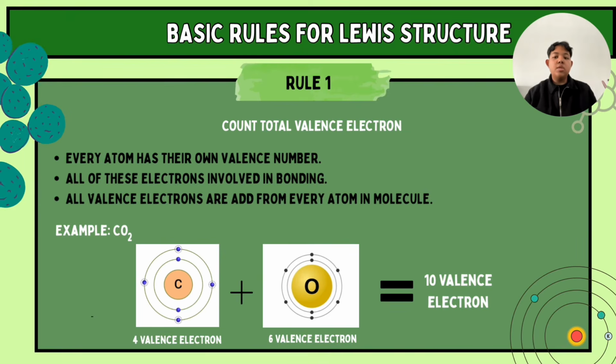As an example, to find the total valence electrons in a molecule, we add the valence electrons from each atom present. Here we have carbon dioxide, where carbon has 4 valence electrons and each oxygen atom has 6 valence electrons. So when we add them together, the molecule has a total of 16 valence electrons.